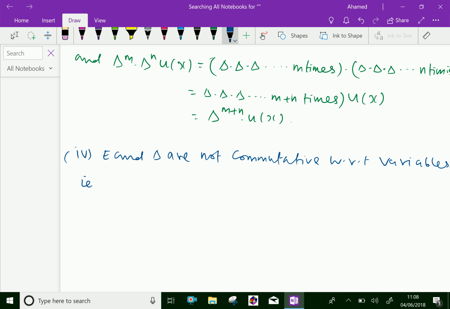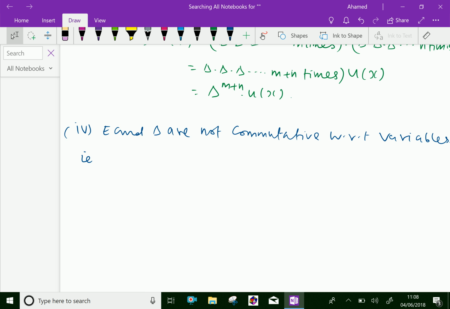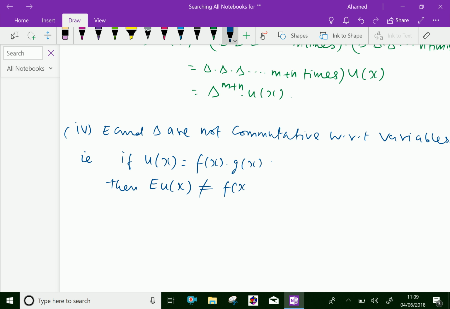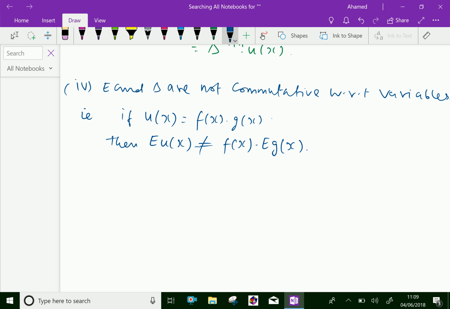That is, if u(x) = f(x) g(x), then E of u(x), operator E on u(x), is not equal to f(x) into E of g(x), which means E and delta are not commutative with respect to the variables.